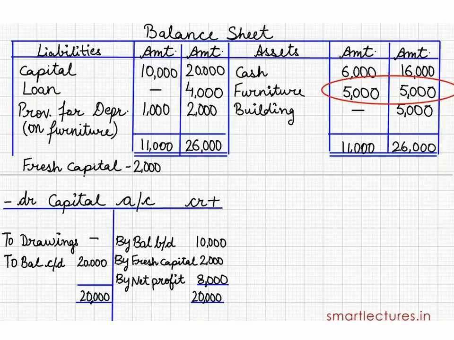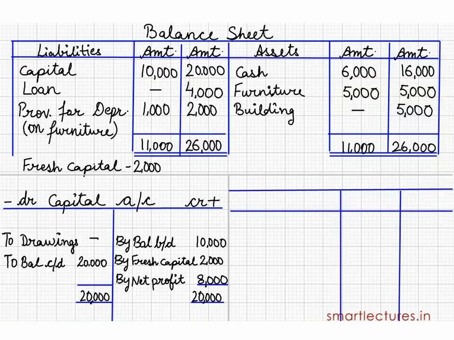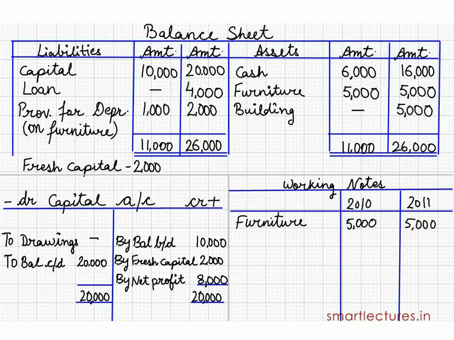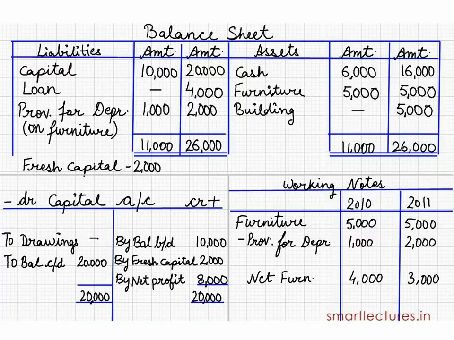This furniture, 5,000, 5,000, is the gross value, not the net value. I'm going to make two columns, as on 31st March 2010 and 31st March 2011, in my working notes. The book value of furniture is 5,000 and 5,000, less provision for depreciation 1,000 and 2,000, so the net value of furniture is 4,000 and 3,000.